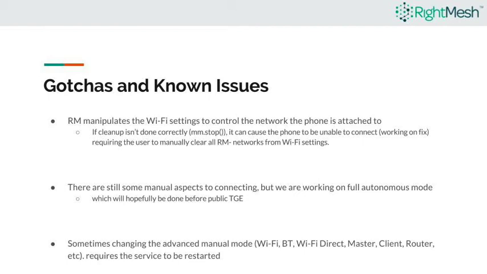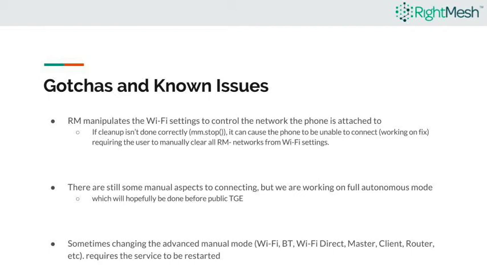You may end up with a bunch of networks in your Wi-Fi settings on the Android, and if you run a later RightMesh app, it won't be able to make changes to those settings anymore, because it's tied to which app started up RightMesh. If that happens, we need the user right now to manually go through and remove all the old saved networks. That's probably one of our biggest known bugs, and we're working on fixing it. But if you start using the library now, you'll obviously find that problem.